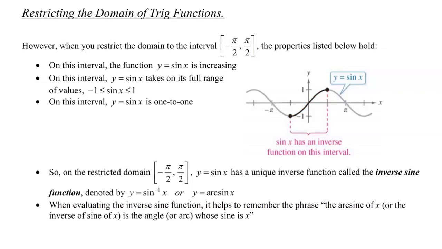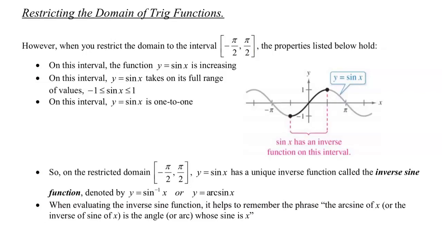More importantly, it takes on its full range of values, meaning all the way from -1 until +1, we're going to be able to get any value that we want there for the sine function. And then on that interval, sine of x is 1 to 1. Notice that this boldened part will pass both the vertical and the horizontal line test.